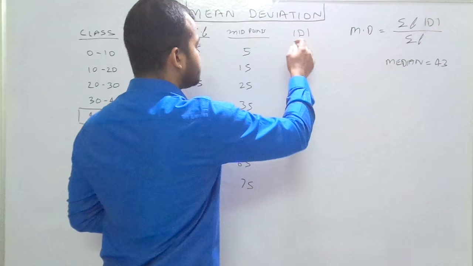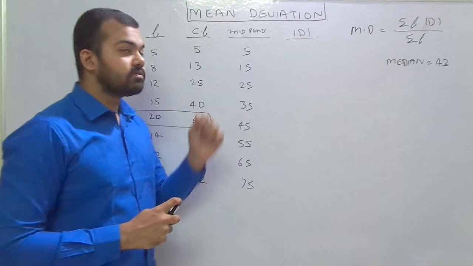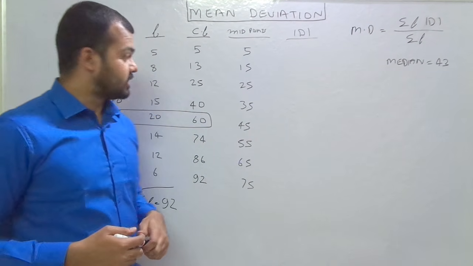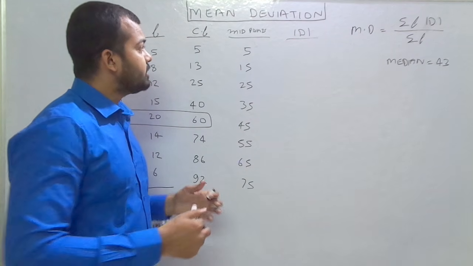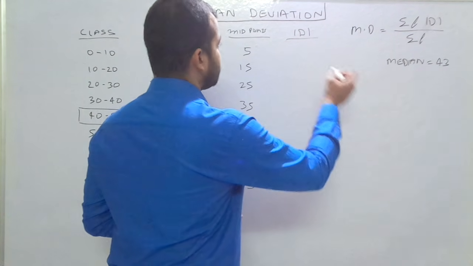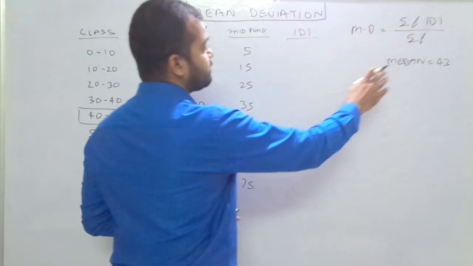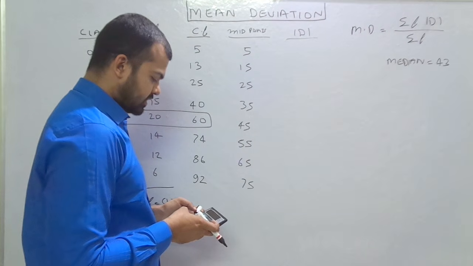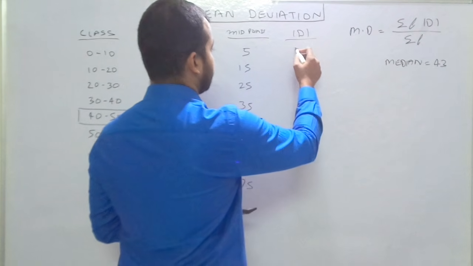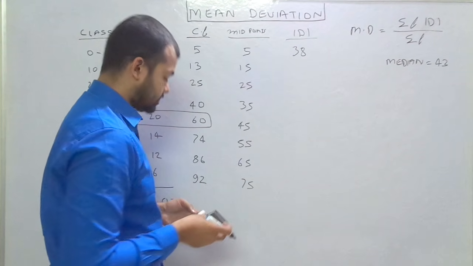We are putting modulus because we are ignoring the negative signs. In the mean deviation, we have to ignore the negative signs. Now what is the formula for d? d means midpoint minus the value of median. So here we can write midpoint 5 minus median 43, that is minus 38. But we are writing only 38 because we are putting modulus to it.